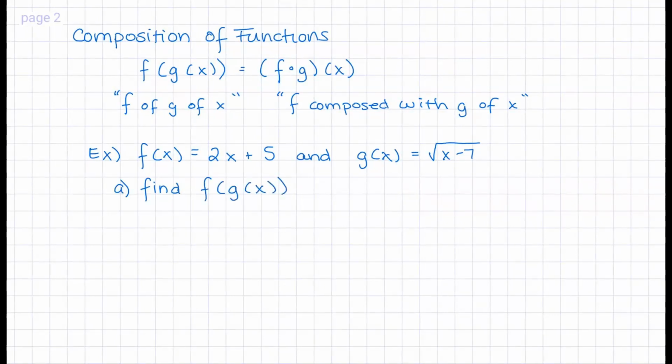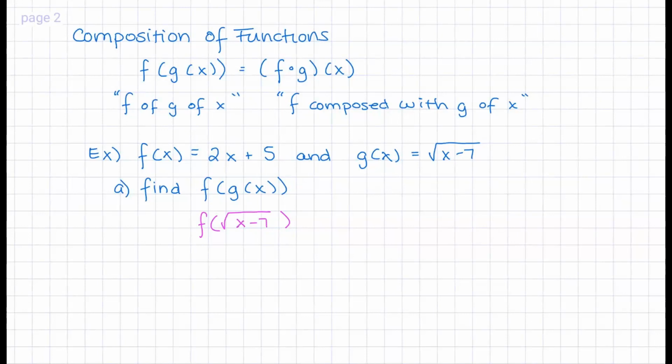So it means exactly what it says. Remember function notation, whatever's inside of the parentheses, that's what you substitute into the function. But this time inside of the f parentheses is g of x. So we're going to take f of x, but we're going to substitute in g.